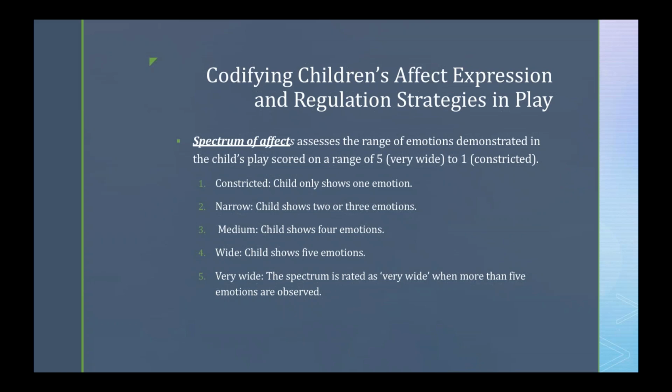If the child only conveys one emotion, then the spectrum is constricted. If the child conveys 2 or 3 emotions, the spectrum is narrow. If 4 emotions are observed, the spectrum is medium. If 5 emotions are observed, the spectrum is wide, and it's very wide when there are more than 5 emotions.